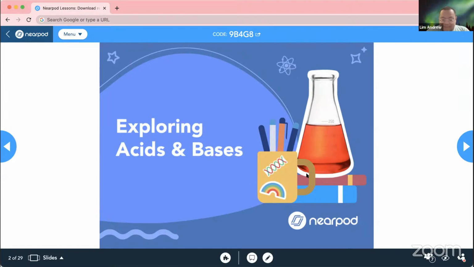Whereas for base, it's more towards slippery. The texture is a bit slippery to touch. The majority of substances that we use to clean ourselves, all those cleaning products, are bases. That's why I mentioned just now that in our life, we are unable to live without acids and bases.